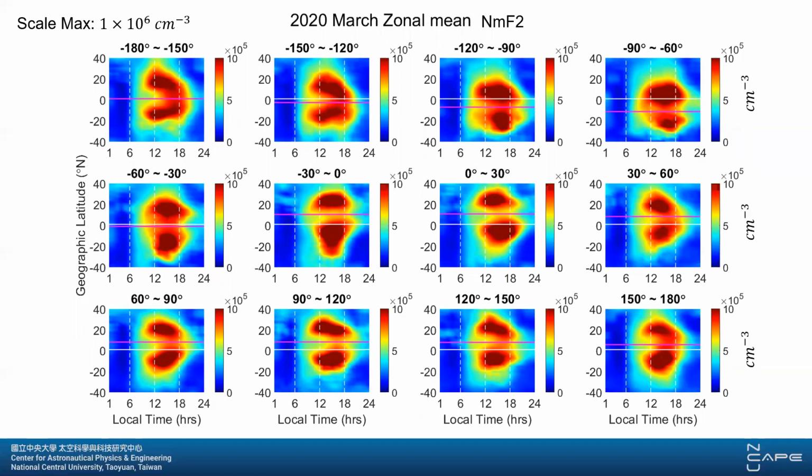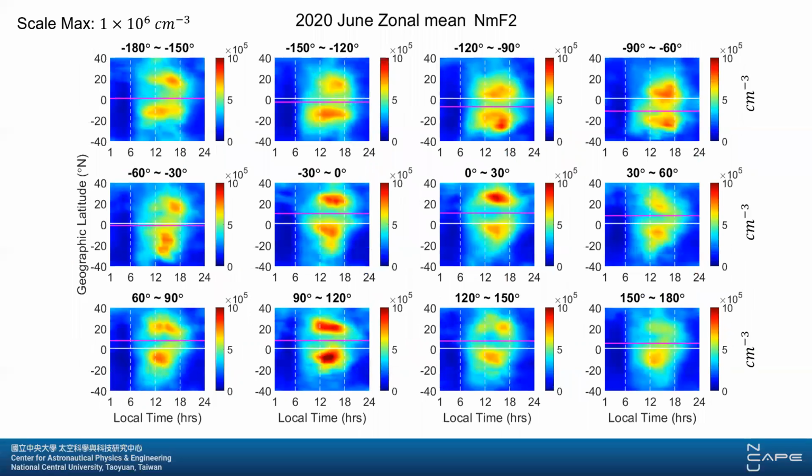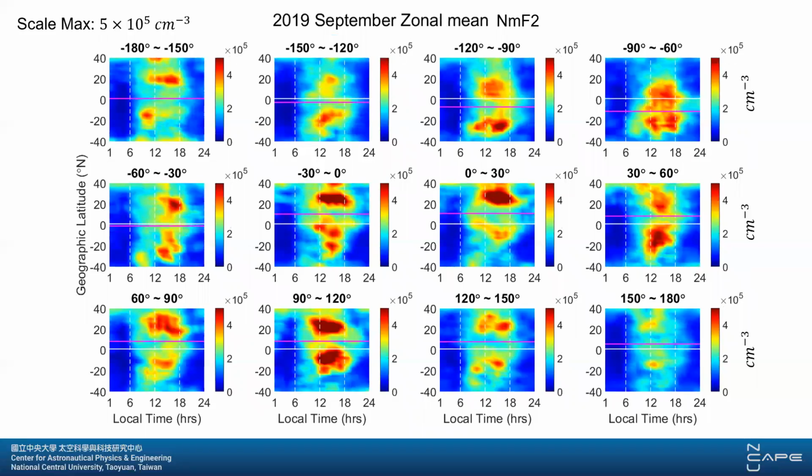For the March zonal mean NmF2, in each longitude section, the EIA regions are symmetric to the magnetic equator, and for June, the symmetric structure is clear as well.